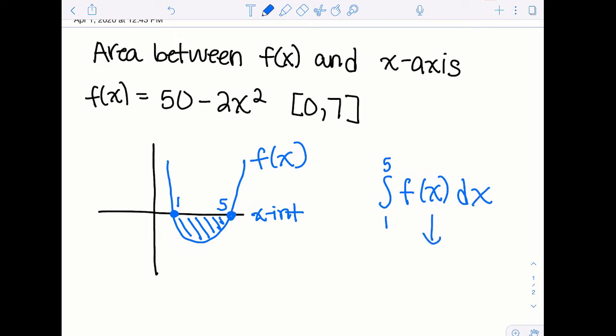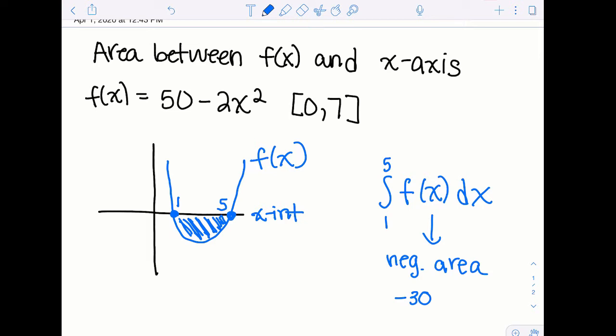But what it's going to do is give the negative of the area. So it'll give the value of what's under here, but it's going to give it as a negative value instead. So you might get an answer like, I'm just making up numbers now, negative 30.